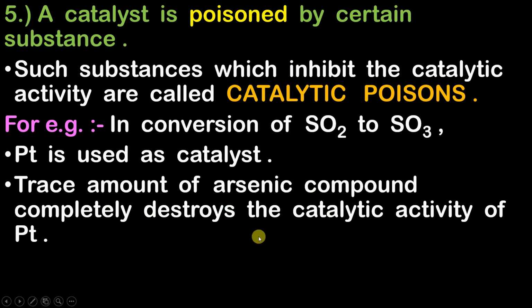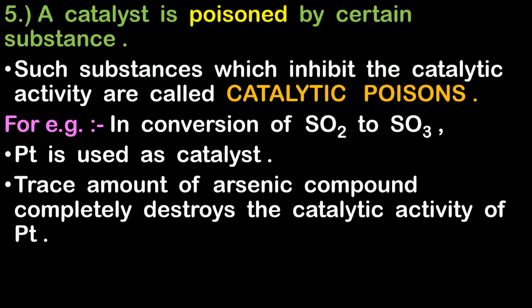Which means that if you add platinum as a catalyst and there's a presence of arsenic compound, then there won't be any effect of the catalyst, because the arsenic compound is going to form platinum arsenide at the surface, and because of this there will be no use of platinum.